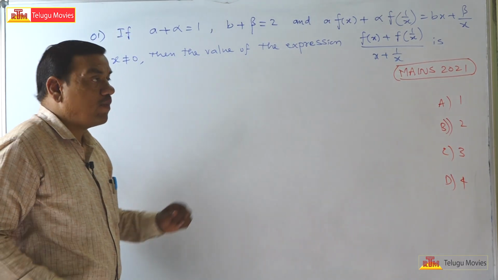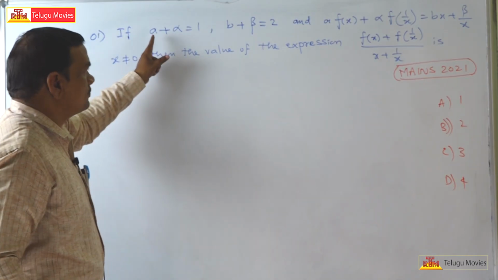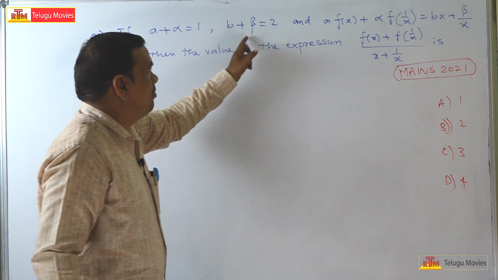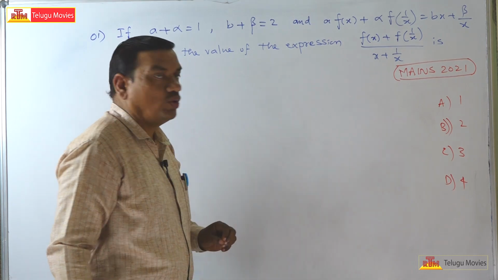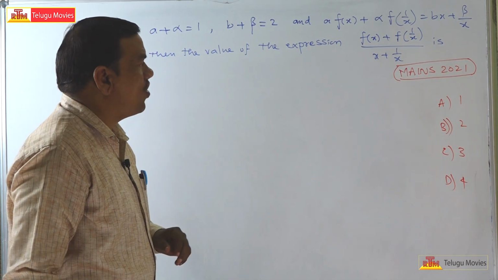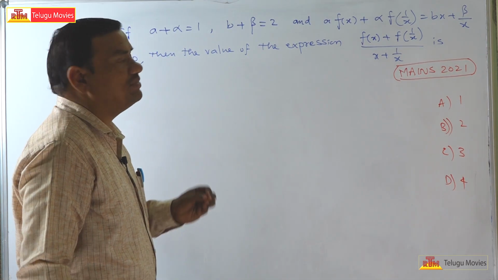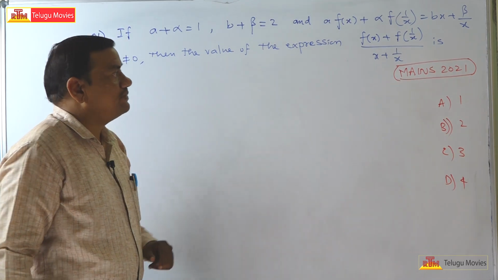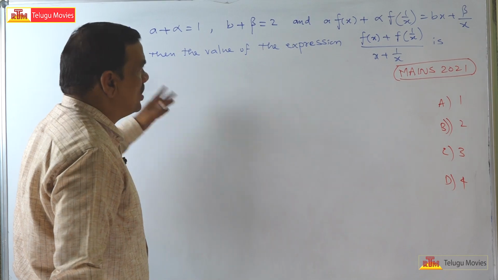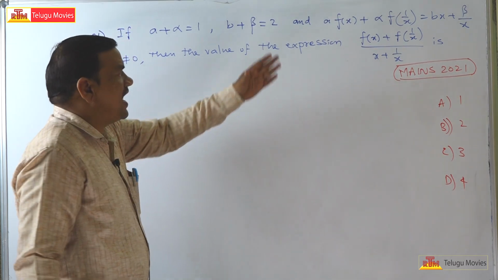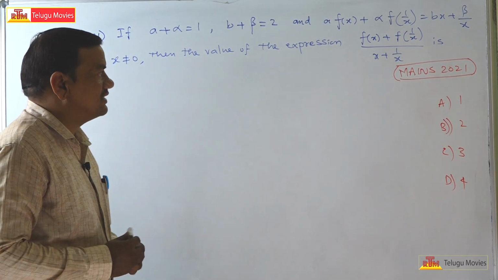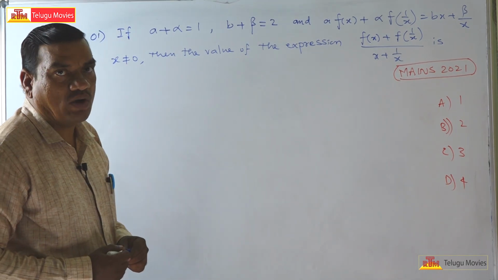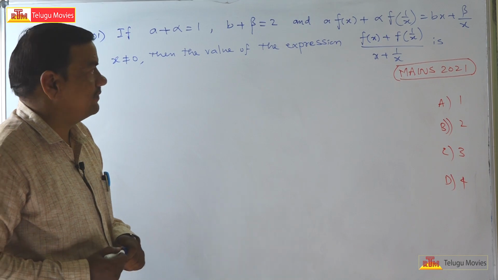So today's first problem is: if a plus alpha is equal to 1, b plus beta is equal to 2, and a times f of x plus alpha times f of 1 upon x is equal to bx plus beta by x, and x not equal to 0 of course, then the value of the expression f of x plus f of 1 by x, whole upon x plus 1 by x, is how much is asked.